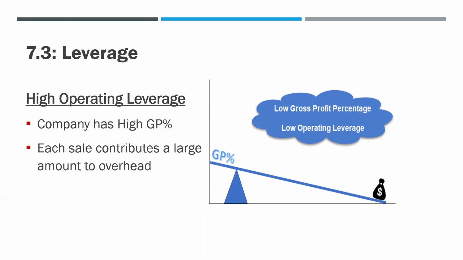So gross profit, again, being sales minus cost of goods sold. So generally what you're looking at is the percentage of cost of goods sold to sales. For that high operating leverage firm, they're going to have a low percentage of cost of goods sold versus the other type of company.